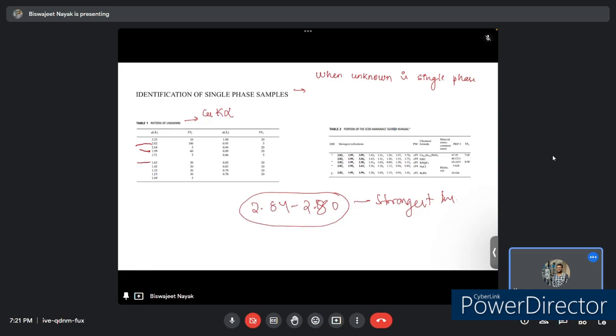By examining the numerical search manual, the strongest line is found to fall within 2.84 and 2.80, for the group of D1 values, and similarly we can find for D2 and D3 here in table 2.